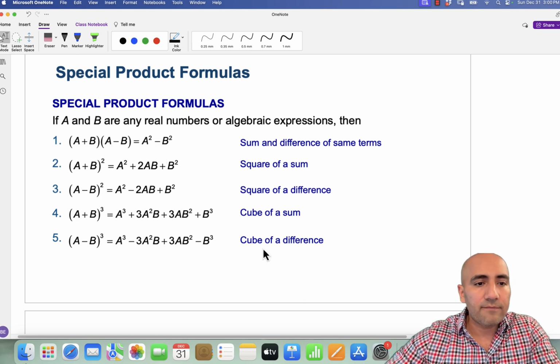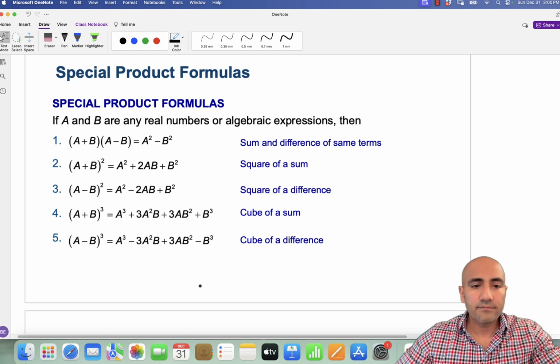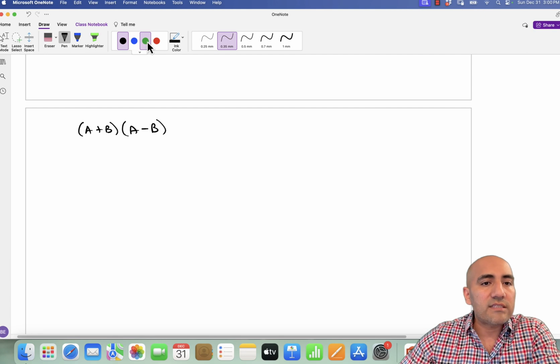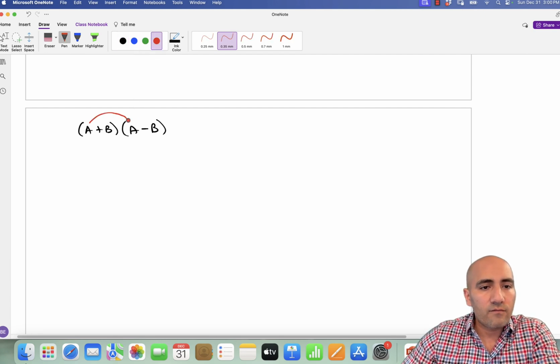Let's explore it. So number 1 comes from, if we had a plus b times a minus b, right? So a plus b times a minus b. We can solve this using our good old FOIL method. First, outer, inner, last, our red claw method.